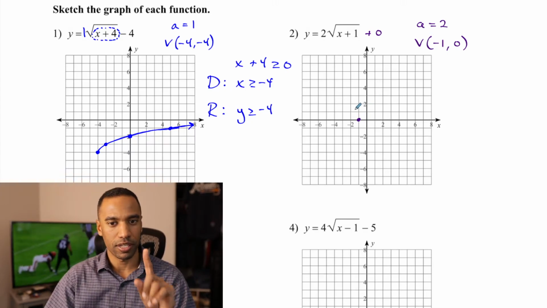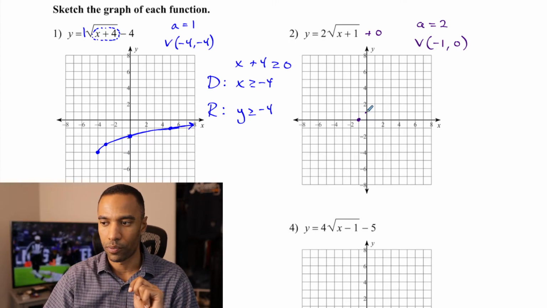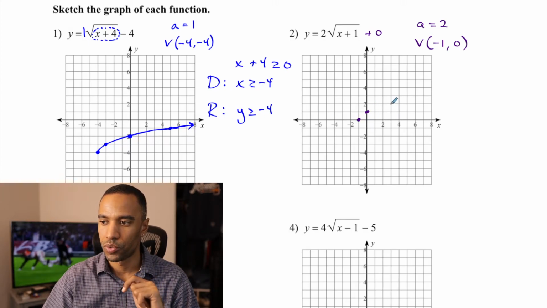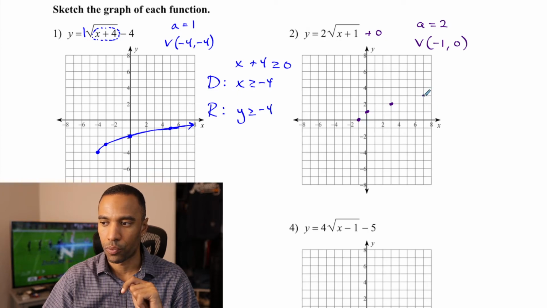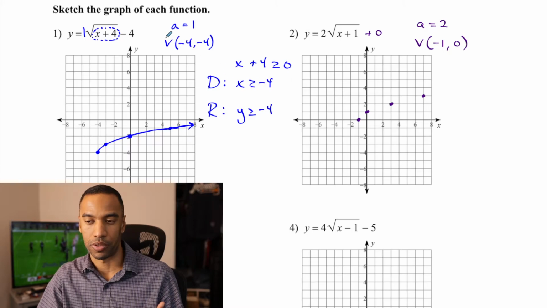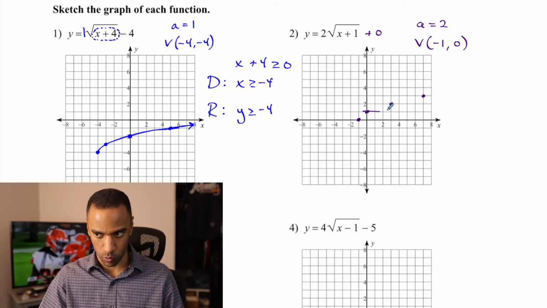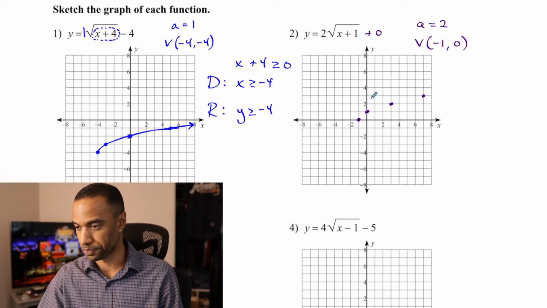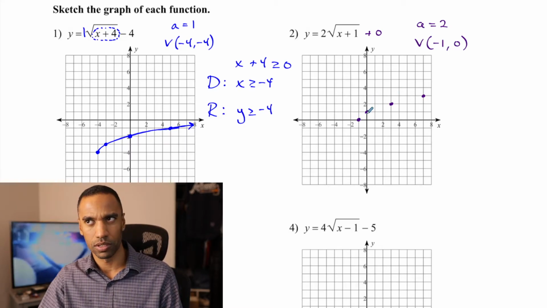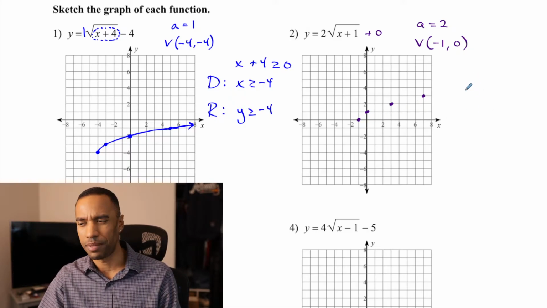Now the points I'm going to put next are going to be temporary. Ordinarily, as you saw last time, we would go 1, 1, 4, 2, 9, 3. But we have to double those heights and not double the distance this way. It's not 2, 2, it's 1, 2, 4, 4, 9, 6.